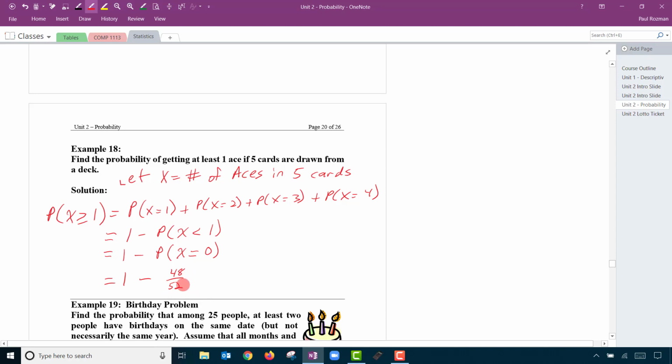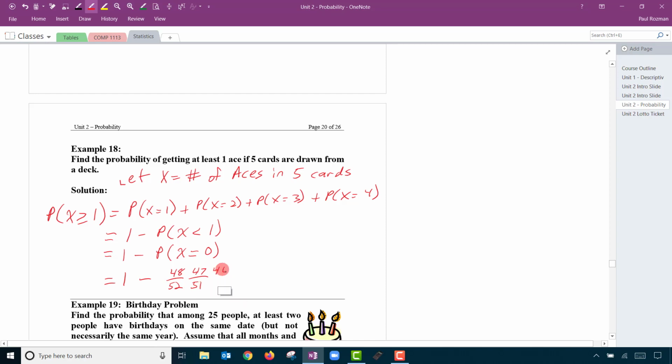And after we've picked our first card that wasn't an ace, now the next card depends on that. These are dependent. The next card has to also not be an ace. But there are only 47 non-aces left and 51 cards left in the deck.